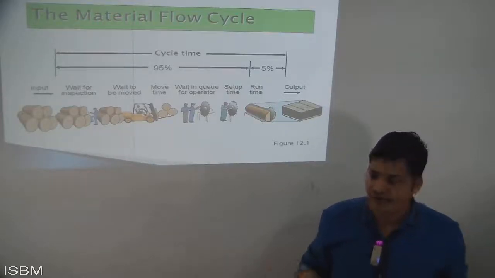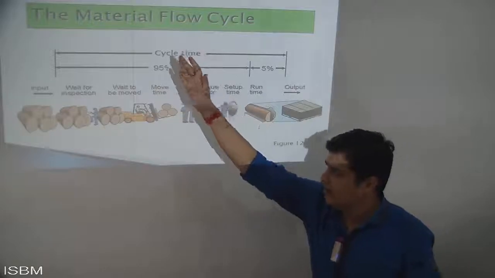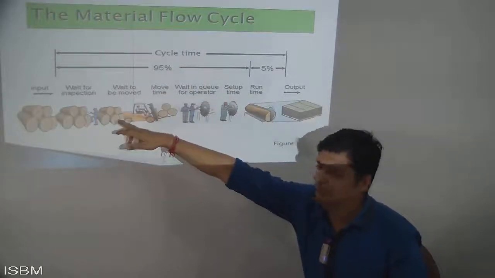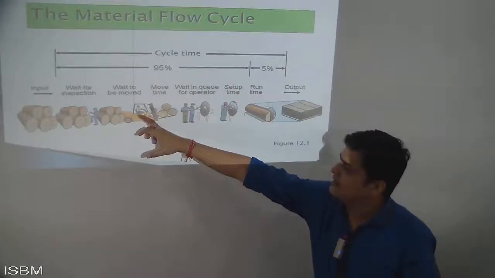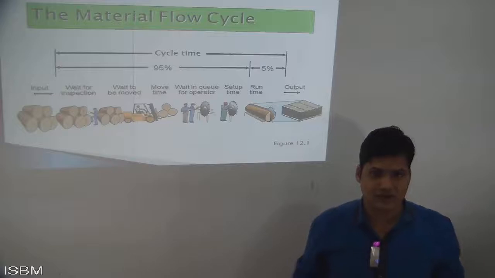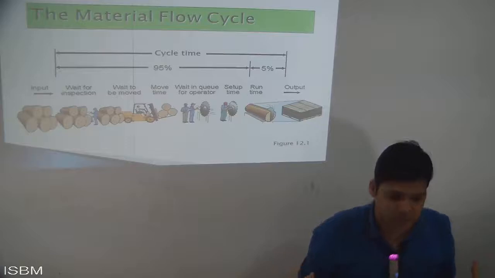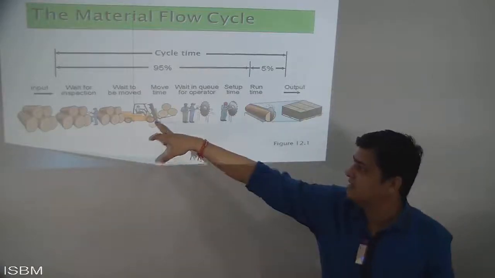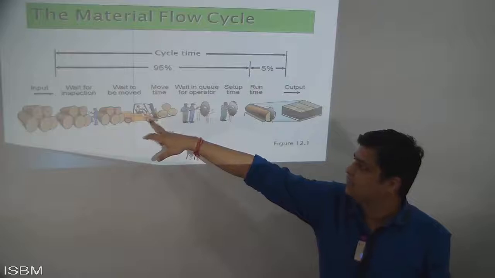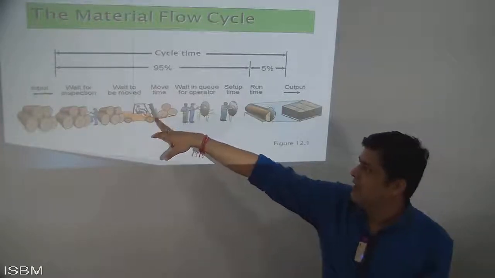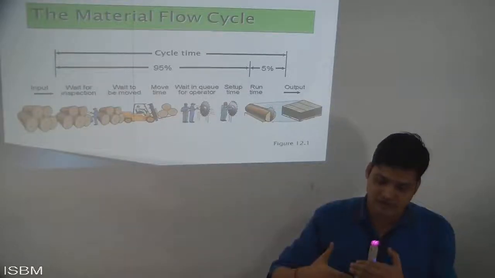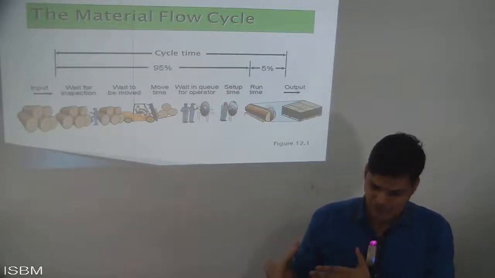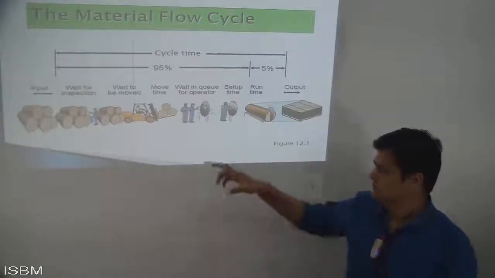Then wait for move. When he gives clearance for this raw material, it will go ahead. Obviously we can't carry this much bulk raw material by hand, so we require some machines or vehicles, which are used to load it and keep it at the place where the production of the finished product starts.